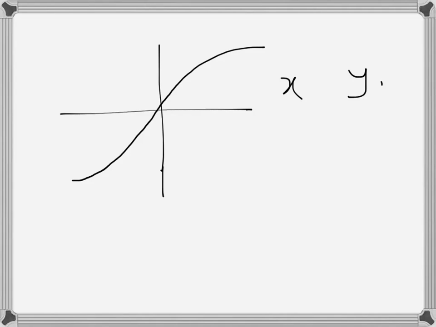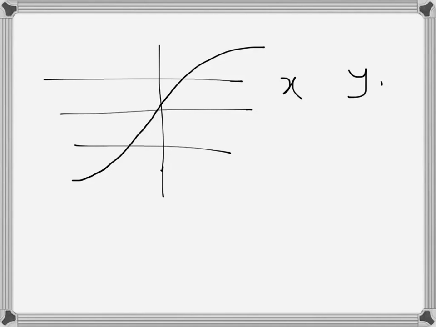So it is something like this. This is a function. Whether this one has an inverse function, we can check by doing a test called the horizontal line test. That means we draw a horizontal line anywhere and it should cut the graph only once.